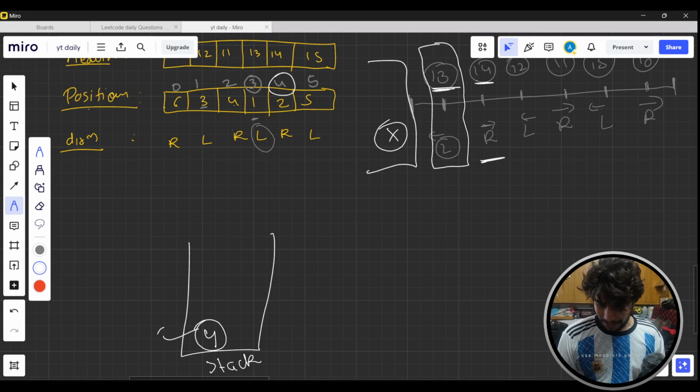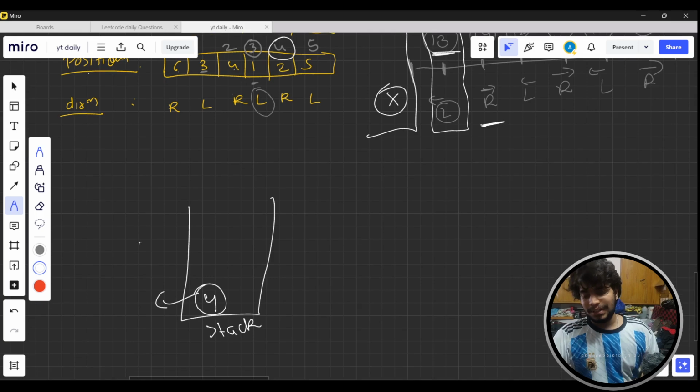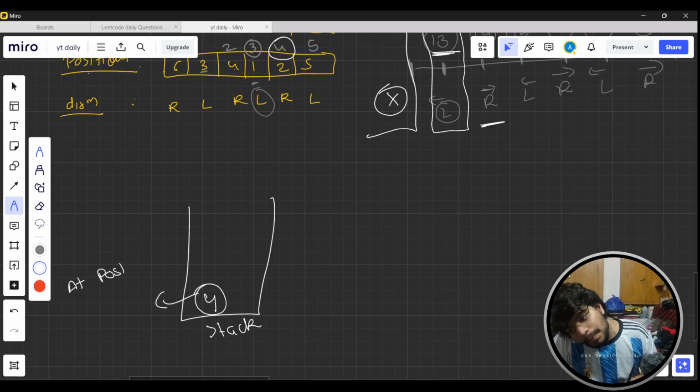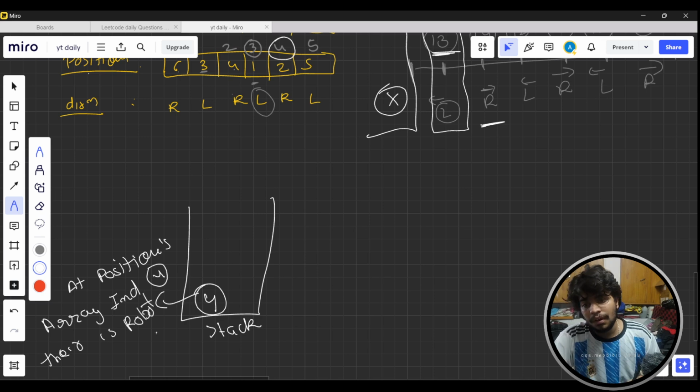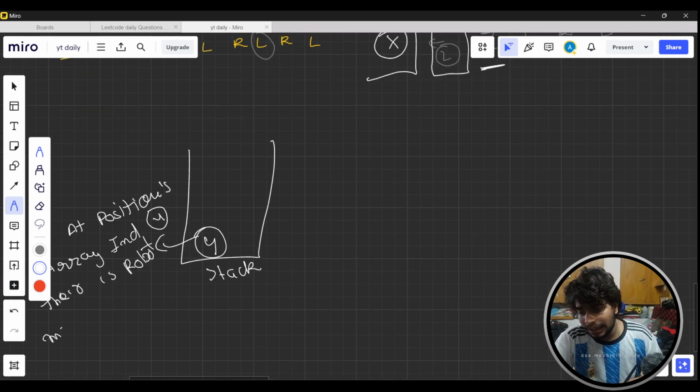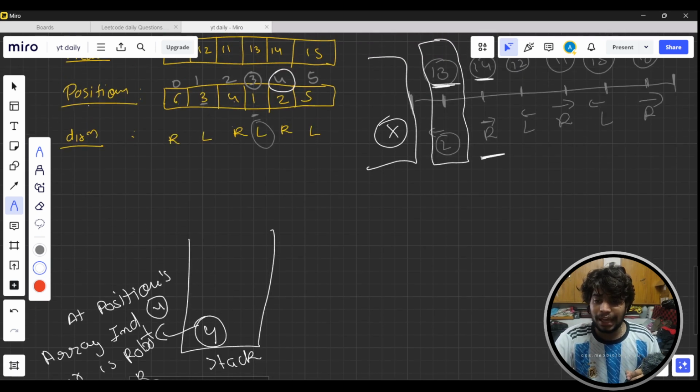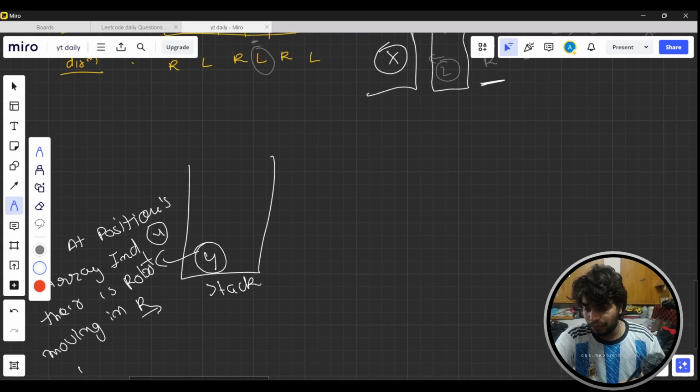This is what 4 is saying: at positions array index 4, there is a robot moving in the right direction with the health of 14.